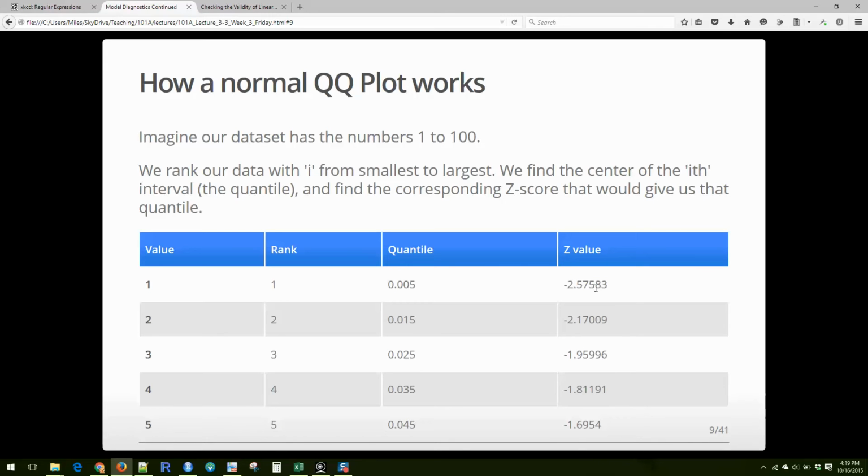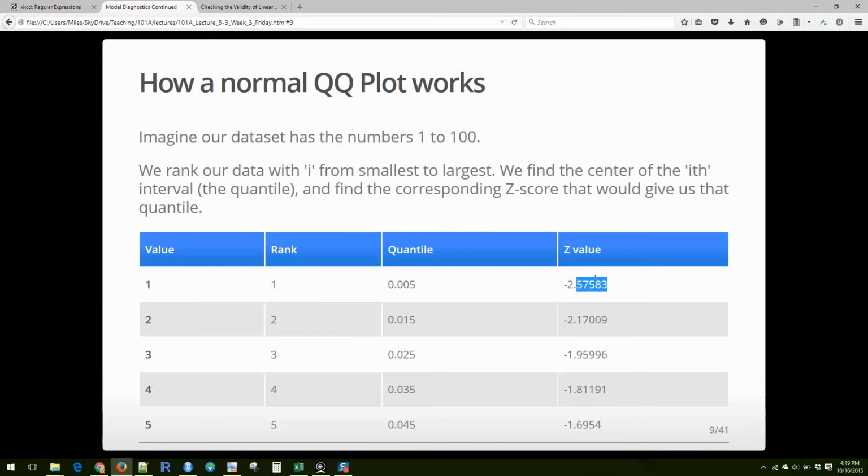If I had 50 numbers, then the first quantile would be at 1%, the next one would be at 3%, because each unit would take up 2% of the chunk. So the first one would be at the midpoint, 1%, then 3%, then 5%, so on and so forth. So the z-values are entirely determined by the number of data points that we have. Okay, and then we just plot the value against the z-score.